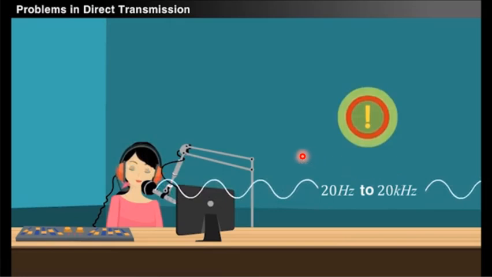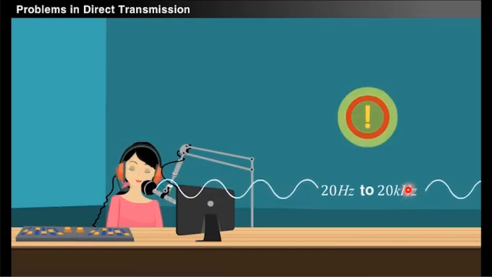One of the popular communication systems where the process of modulation is applied is radio communication. Most of us have a radio in our house, right? The radio gets the signal from the base station. The frequency of human voice signal is in the range of 20 Hz to 20 kHz.